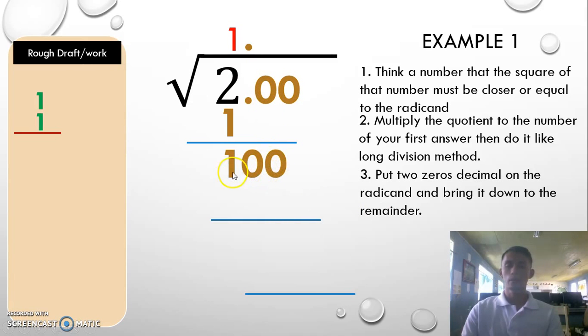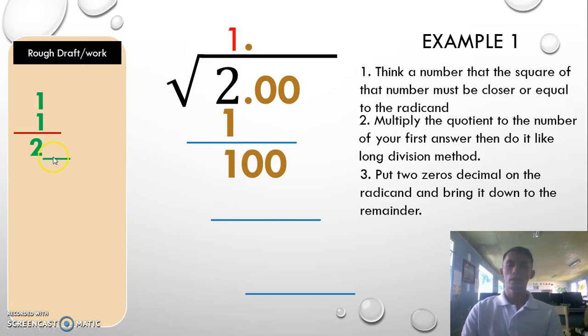Now take note that your remainder is 100. In your rough work you have 2, so think of a number in the 20s, 20 something. What would be the number to put here that, when multiplied, would be closer to 100?